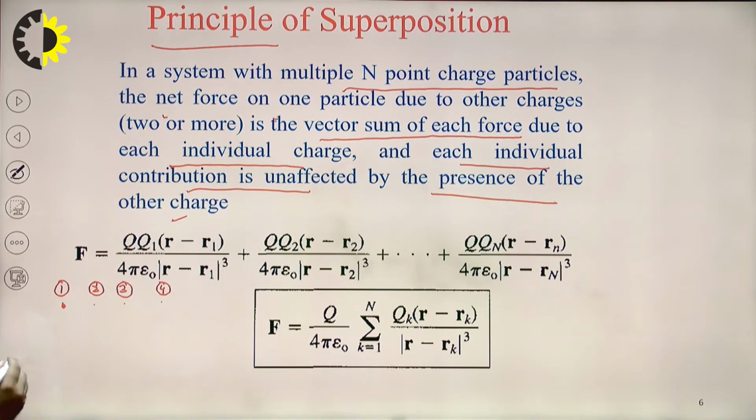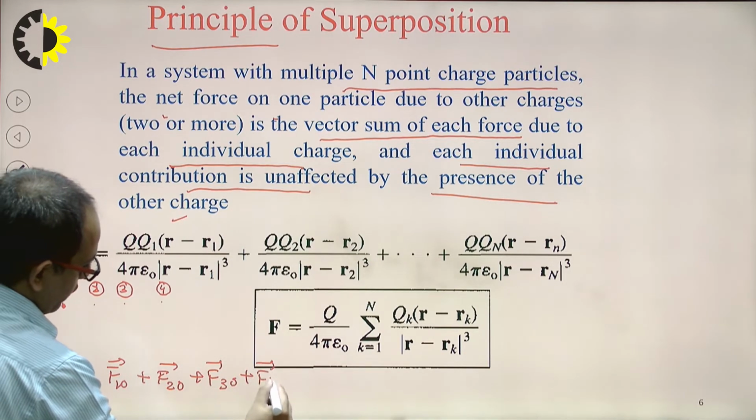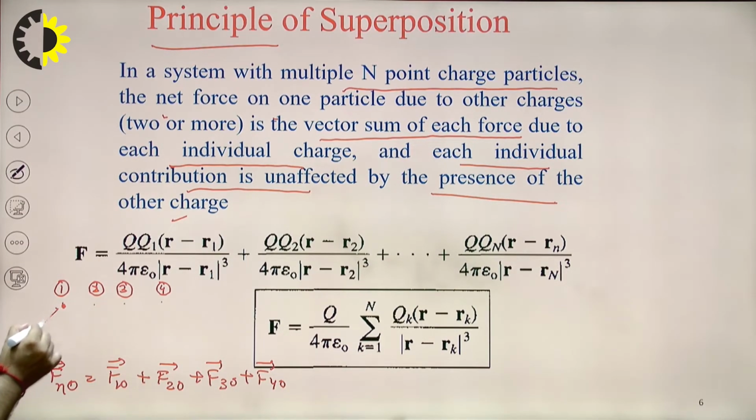And one point charge will be there, let's say this one is the point charge, denoted by 0. So the net force on this charge due to all other charges will be equal to F10 plus F20 plus F30 plus F40. So all these charges will apply some force on this one.